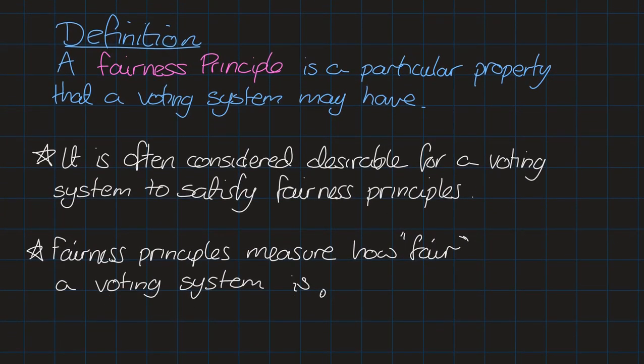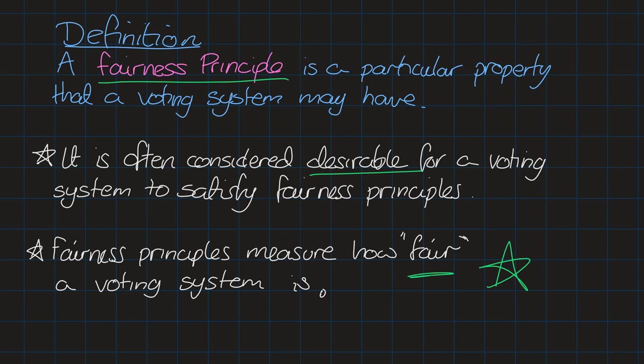So a fairness principle is just a particular property that a voting system may have. It's often considered desirable for the voting system to satisfy this fairness principle. Okay? And in general, the idea is fairness principles measure how fair a voting system is. Okay? It's an extremely difficult and hazy question to ask, is this voting system fair?